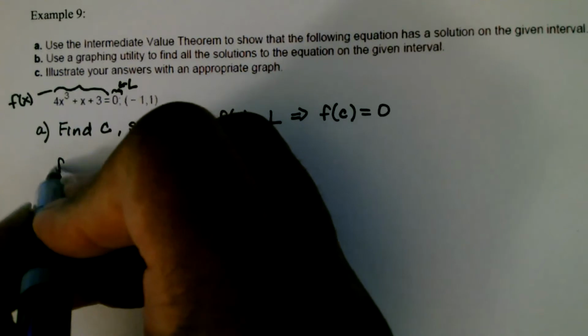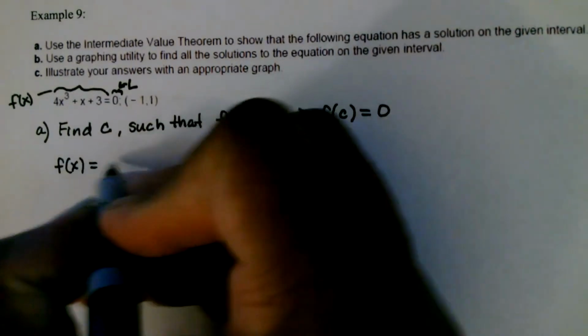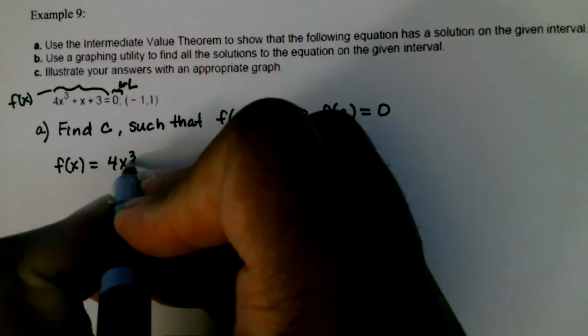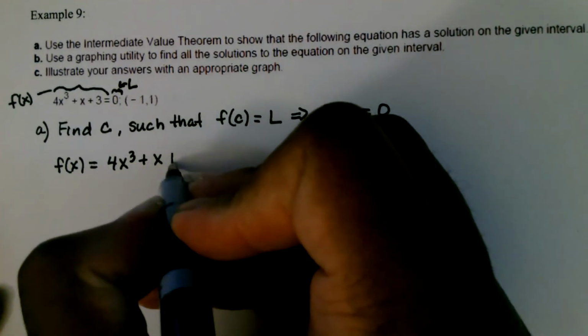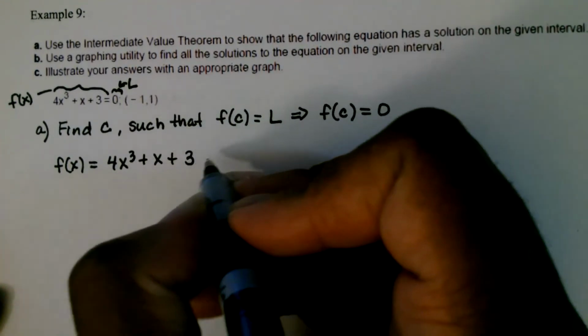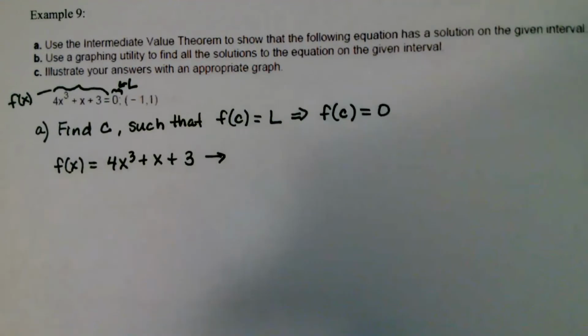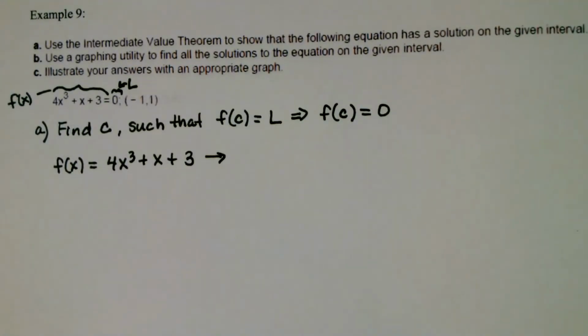My f of x in this case is 4x cubed plus x plus 3. What I want to find out is whether that function is continuous for all x, because it has to be continuous on this interval -1 to 1.